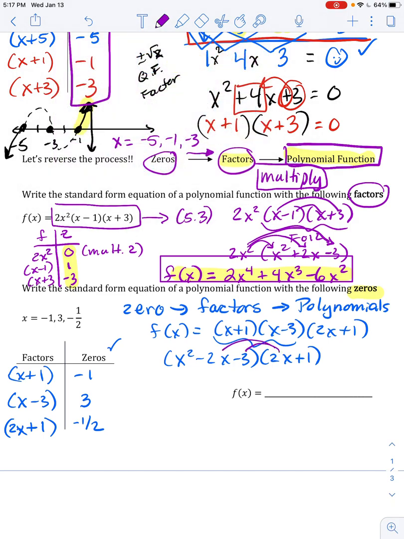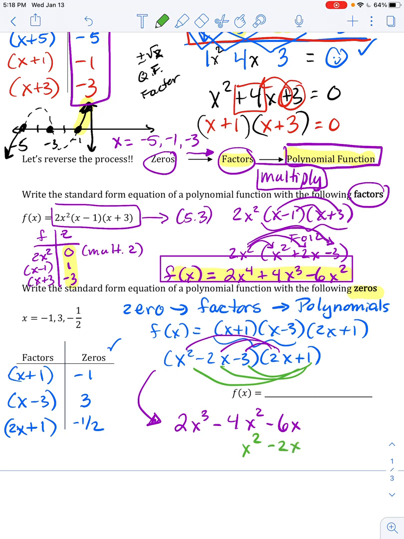I'm going to multiply every piece by 2x, and I'm going to come down here where I have more room. So I'll have 2x cubed minus 4x squared, and then minus 6x. And then I'm going to multiply everything by the 1 because I have to distribute both pieces. So that'll give me an x squared, which I personally just like to line up with the other x squared, then a minus 2x, and then here I'll get a negative 3.